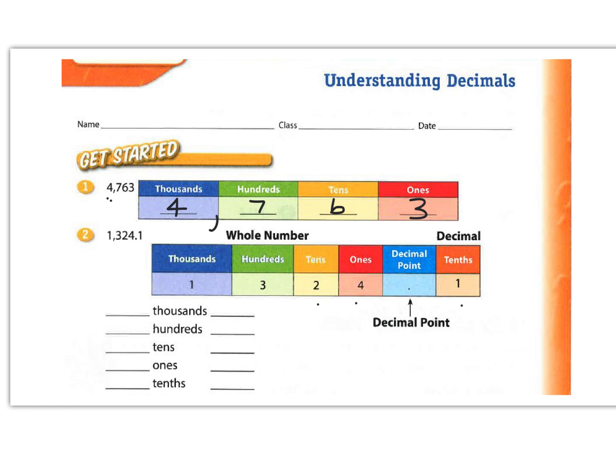So we would say if we have 1,000s, that equals 1,000. If we have 300s, that equals 300. If we have 2 tens, 2 times 10 is 20. We have 4 ones, that equals 4. And we have 1/10, so that would be 1/10 or 0.1.